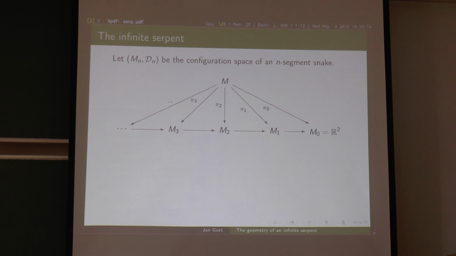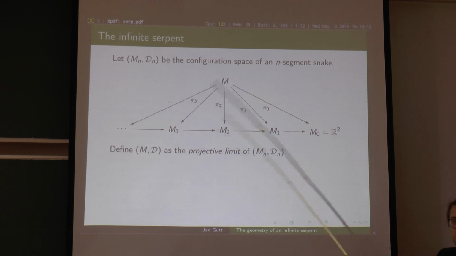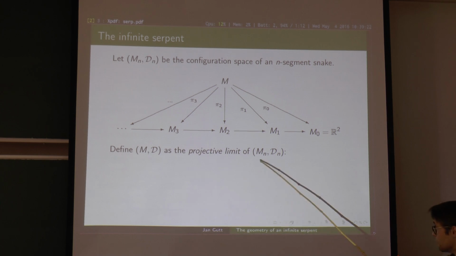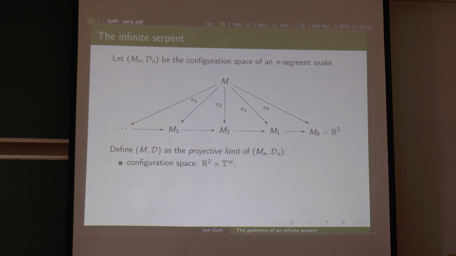So there is this picture. So what I do is I define M and D, which is going to be the configuration space of the infinite snake, as the projective limit of this data. So that's a standard construction in mathematics. What this means is the following. The configuration space is just, once again, a product, position of the head, and now an infinite torus, because we've got infinitely many segments.